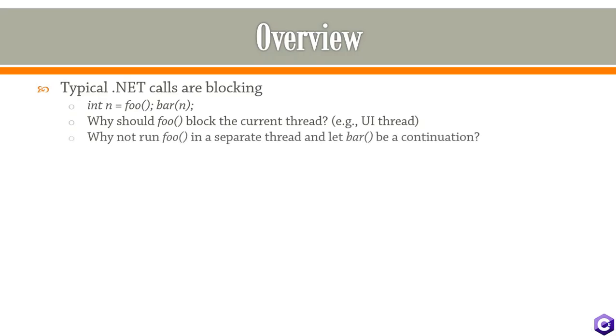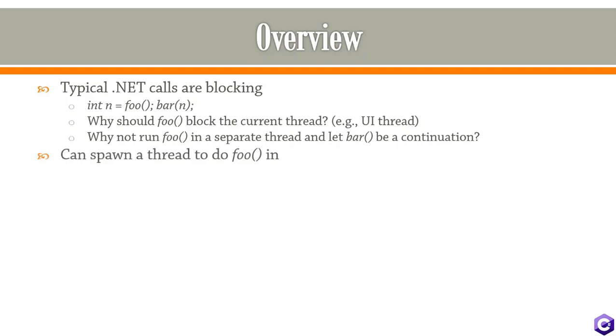So why can't we take foo and run it in a separate thread? Well, we can. We can actually take foo and just explicitly spawn the thread. But then we want the method bar to use the result of foo. So in this case, foo would run on a separate thread and bar can be a continuation of that thread. Of course you can do this manually.